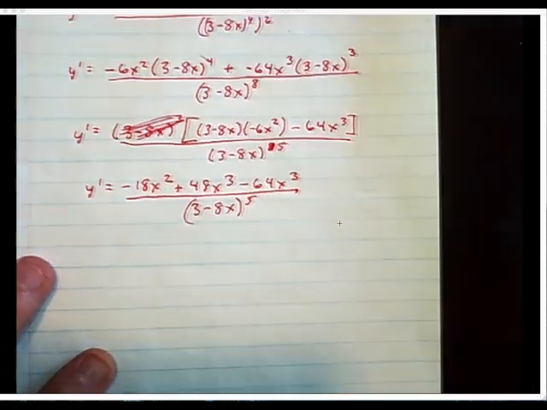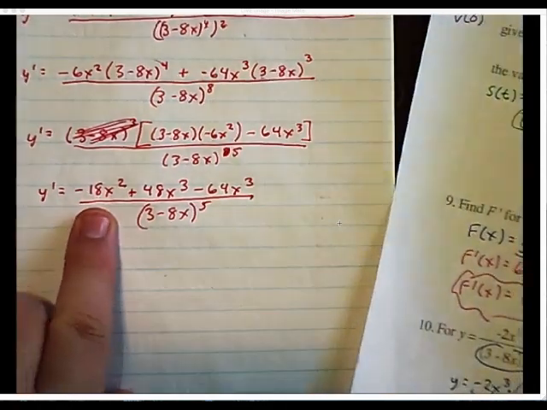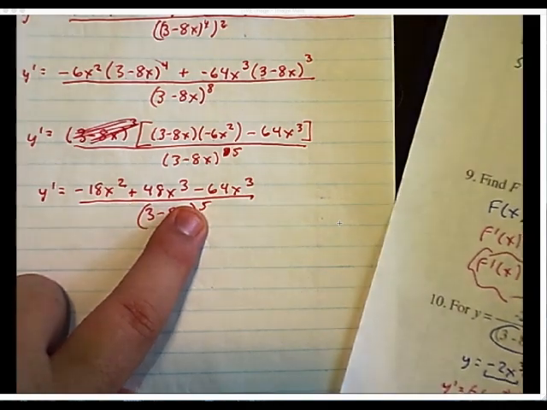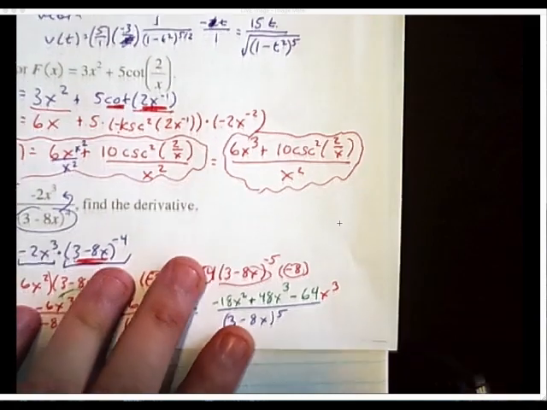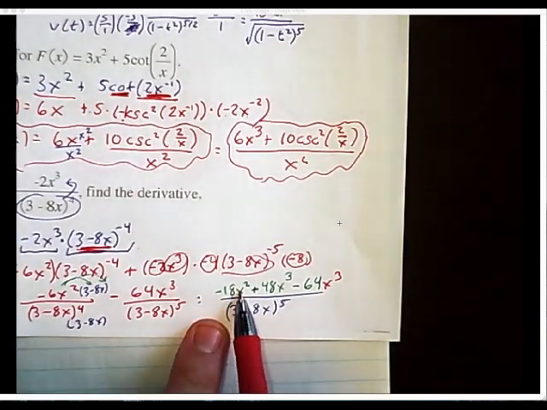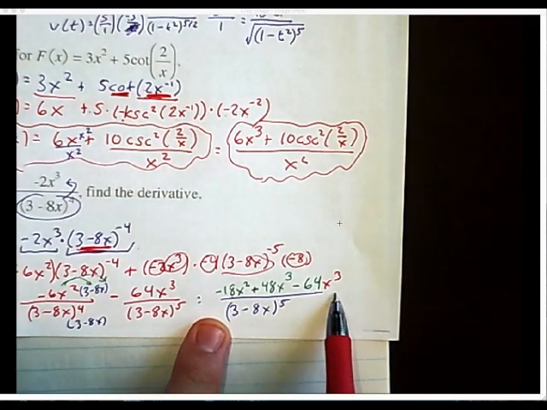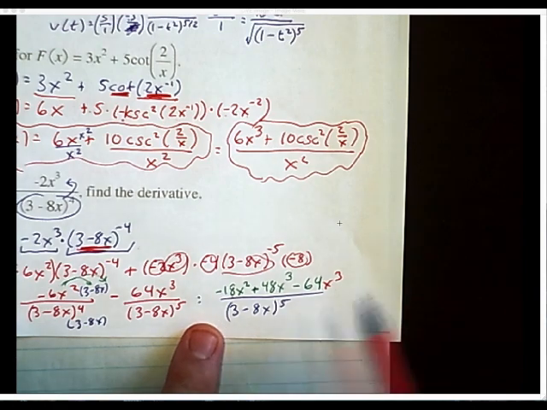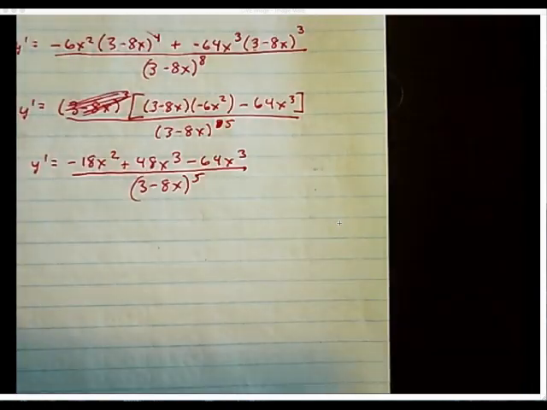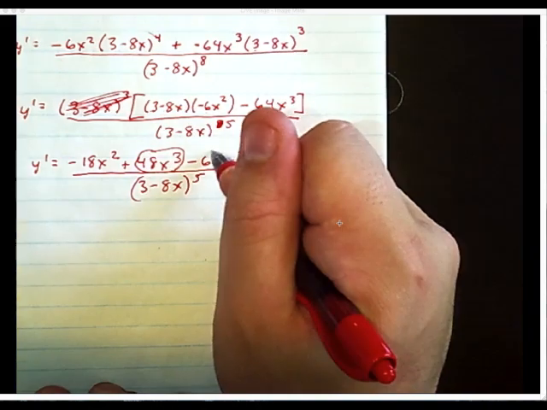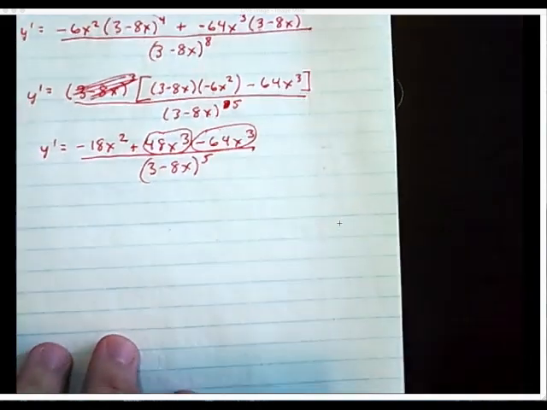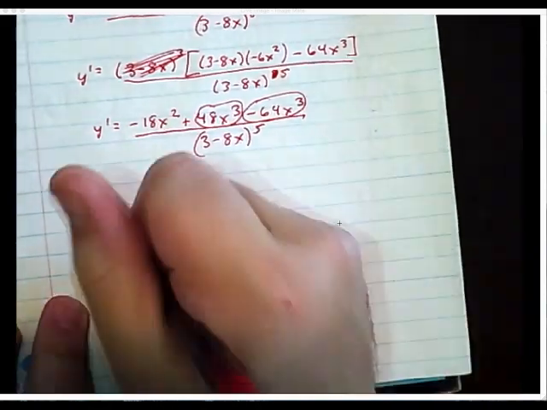So if you notice here, negative 18x squared plus 48x cubed minus 64x cubed, and that's pretty much the same thing I got here. Negative 18x squared plus 48x cubed minus 64x cubed, all over 3 minus 8x to the 5th. And actually, I could have made this a little bit better. I should have simplified those, because they're both x cubes.